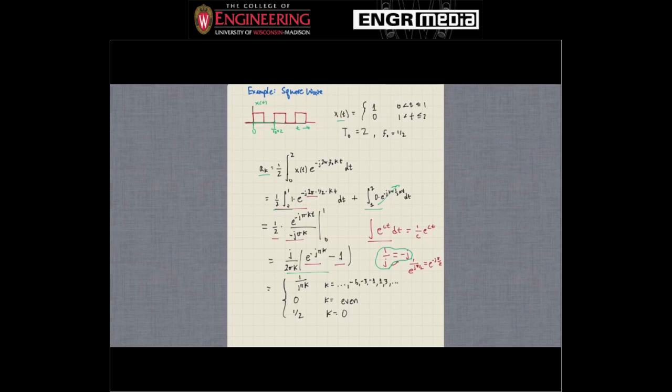And there's one thing that we didn't pay attention to, and that's what happens when k equals 0, right? When k equals 0, this thing is undefined because now we have this k in the denominator.